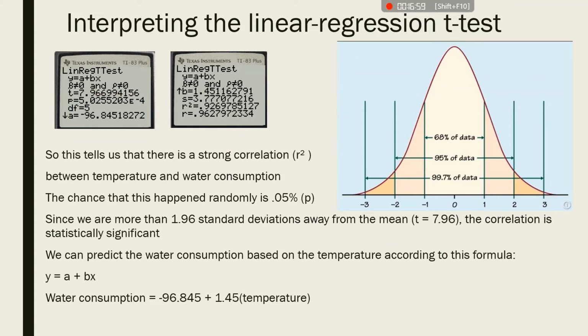So that means that with this formula that we've created for our line, we can start predicting water consumption based on the temperature as long as we are within the range of our data set. It is possible to find relationships that don't continue outside of a range.